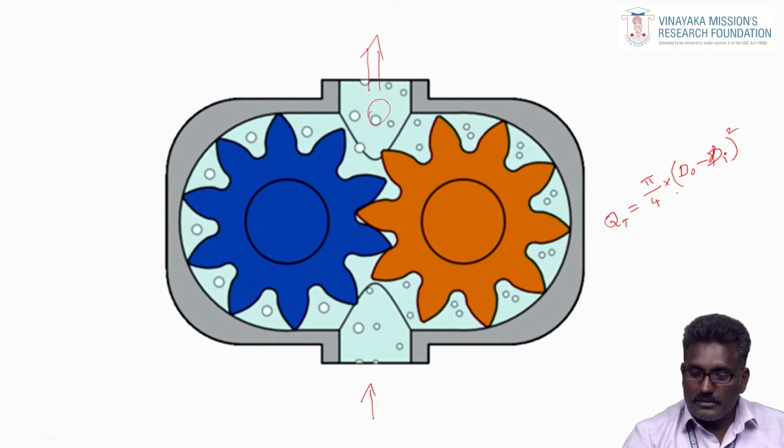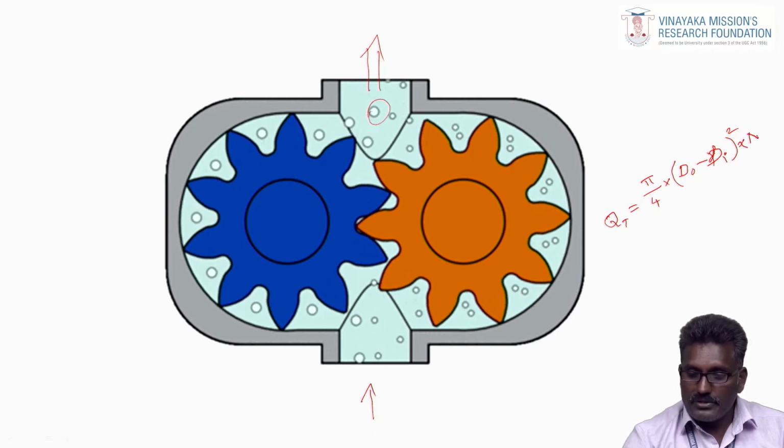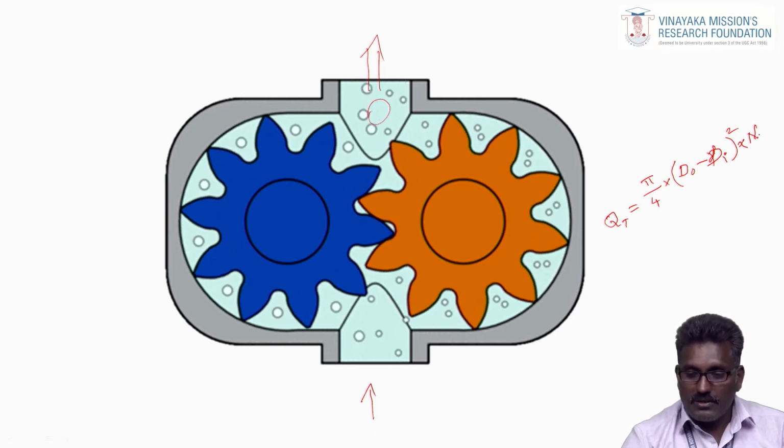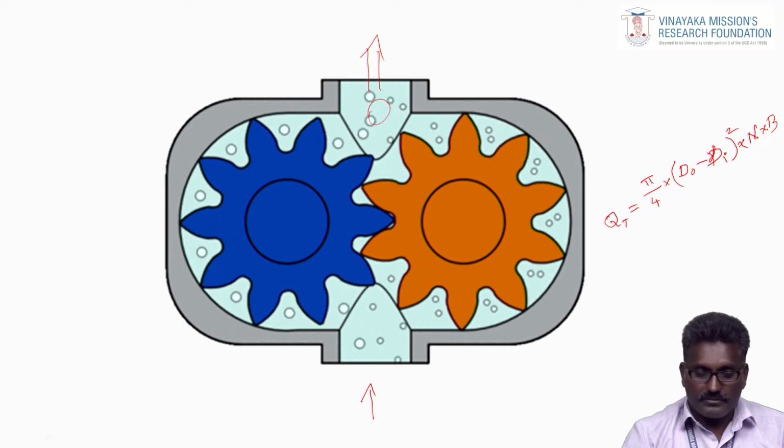It is the volumetric displacement of the pump, multiplied with the speed of the pump, called N RPM, into B, the width of the gear.